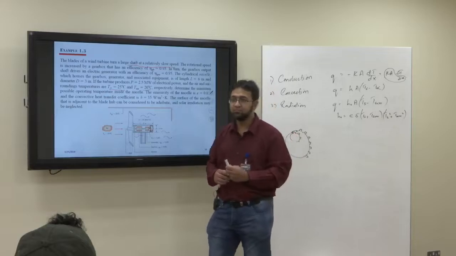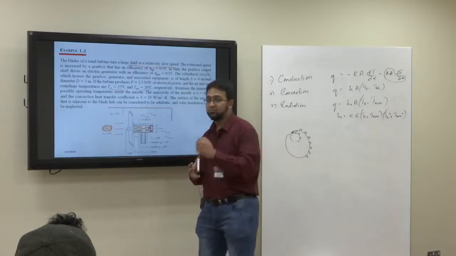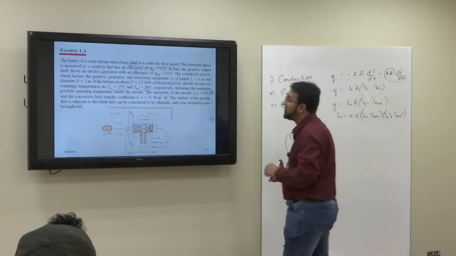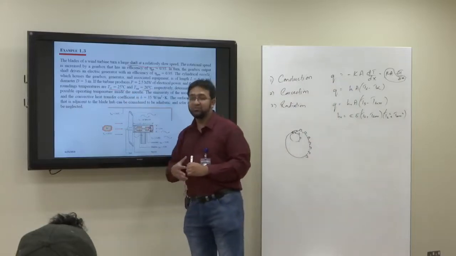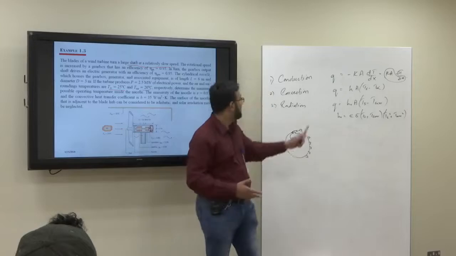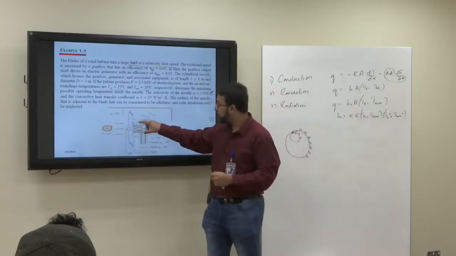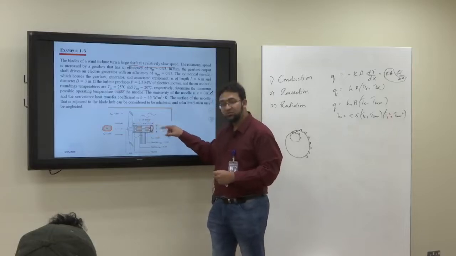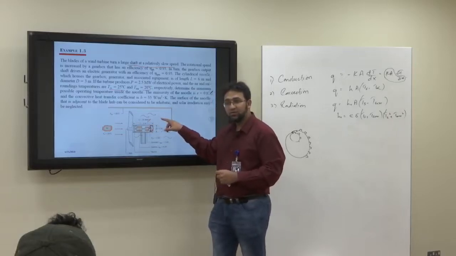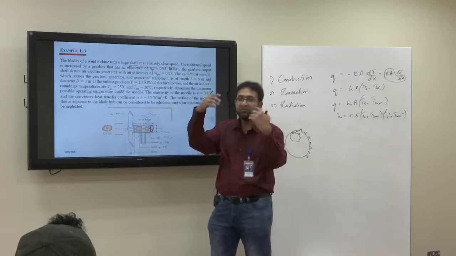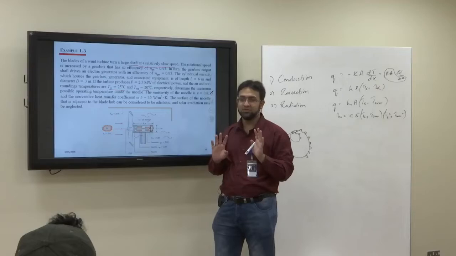The two temperatures given, outside the nacelle, are 25 and 20. T infinity is 25. T infinity is used for convection, right? So convection will be outside the box, right? Outside the box you have the air, and whatever the temperature of the air is, that is T infinity.